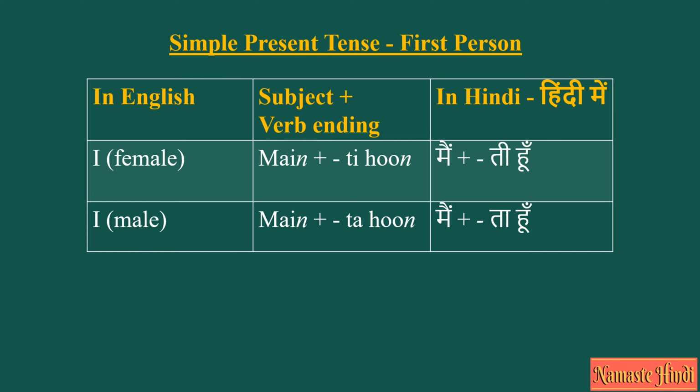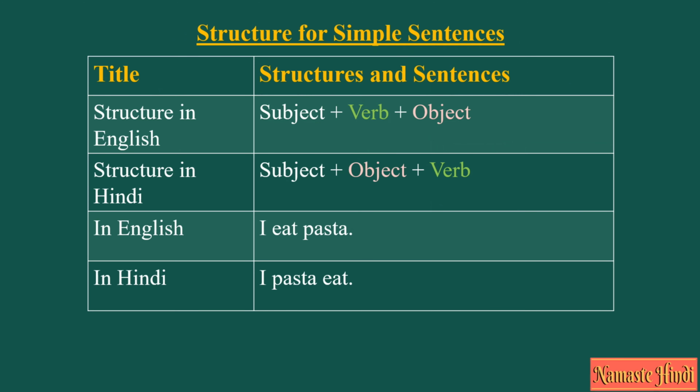So for male, you use TA, and for female, you use TI. So make sure you know the difference between female and male. Again, for female, I, main, and verb ending ती हूँ, and for male, it is मैं and verb ending ता हूँ.